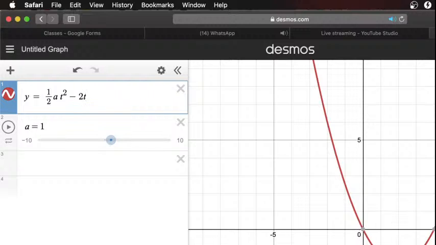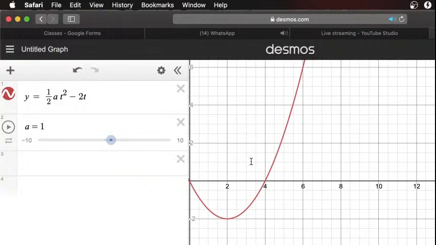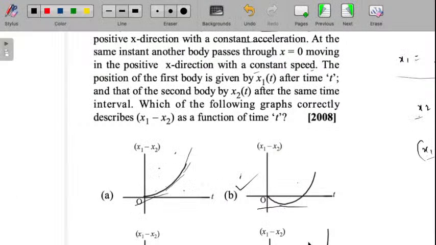It is becoming 0. The slope becomes 0 at this point. Now we don't have this part, so our curve essentially is like this, right? So our answer should be this one. So it's option B.